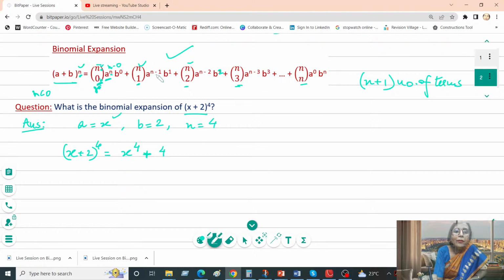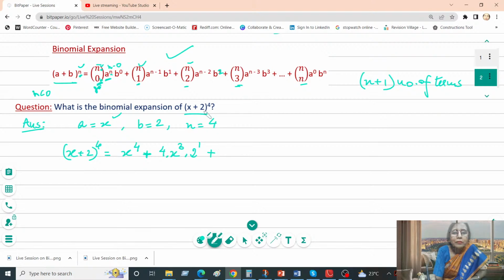And a to the power of n minus 1. So a is x. X to the power of 4 minus 1, that is 3. And now we have the b. B is equal to 2, so 2 to the power of 1.